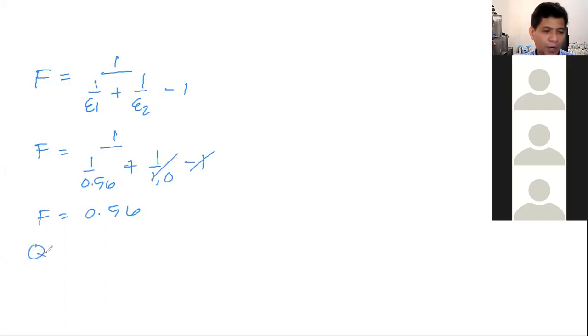Tapos, ang QR over A, ang formula natin ay F times yung Stefan-Boltzmann constant, tapos TW to the fourth minus T to the fourth. Ito yung T to the fourth na na-calculate natin kanina, yung 490.4 Kelvin. So, substitute lang natin 0.56. I-retrieve niyo lang ito sa calculator niyo, yung Stefan-Boltzmann constant.